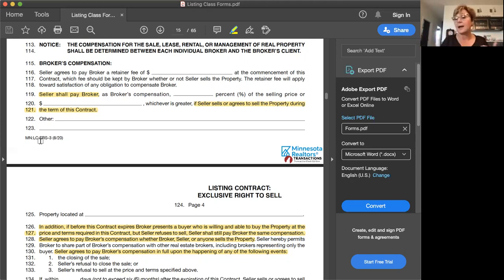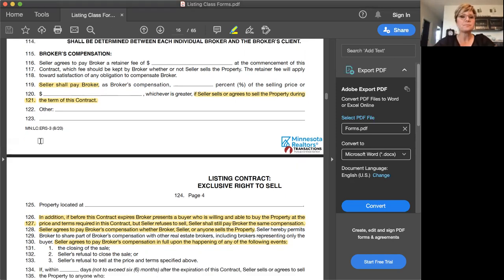And then obviously that can be applied to the commission at the end. But if for some reason the property didn't sell, you would at least have covered some of those costs up front with that retainer fee. Okay, so that's the benefit of a retainer fee. If you do not collect one, you'll put 0 in there. If you do, you'll put what you collect for the retainer fee.